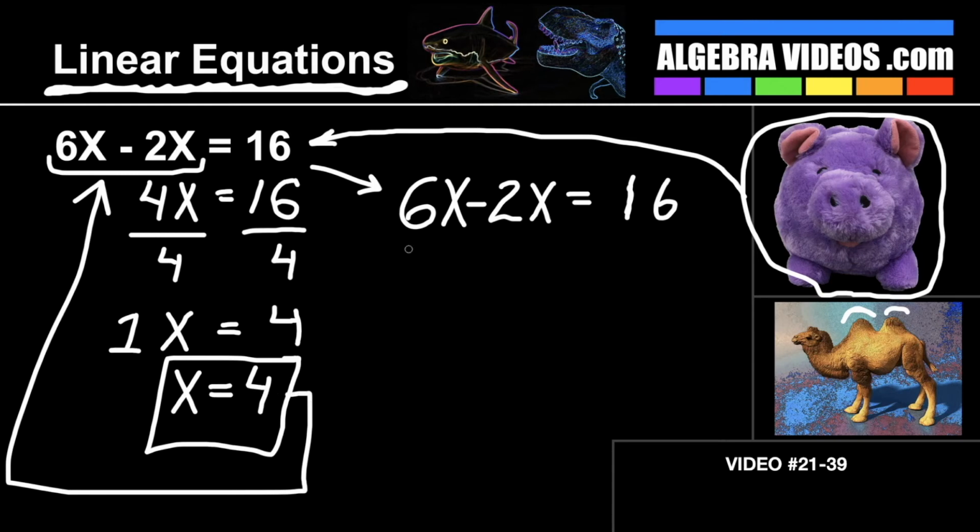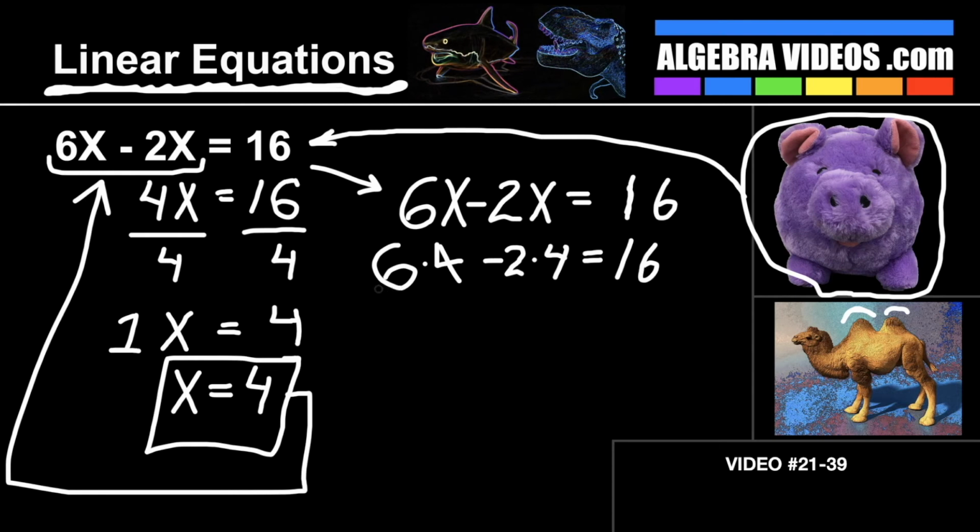So everywhere there's an x, I'm going to plug in a 4. So 6 times, x equals 4, so plugging in a 4. That's a crazy 4. Minus 2 times x, but we know x equals 4, equals 16.